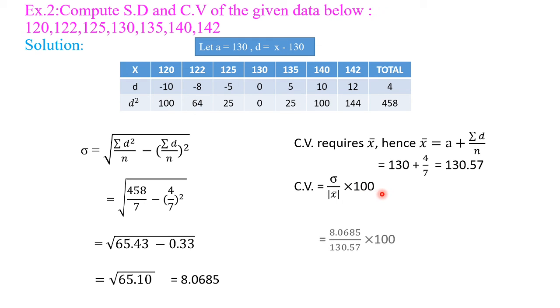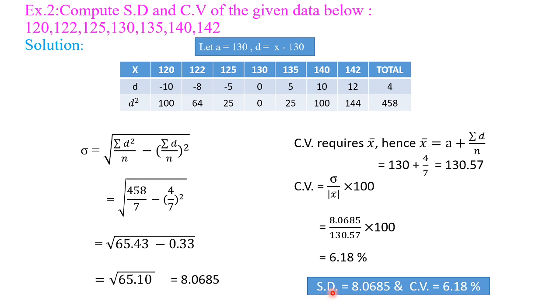Put these values in this formula and we get sigma is equal to 8.0685, mod x bar is equal to 130.57 into 100. So we get 6.18%. So student, we find standard deviation 8.0685 and CV 6.18%.